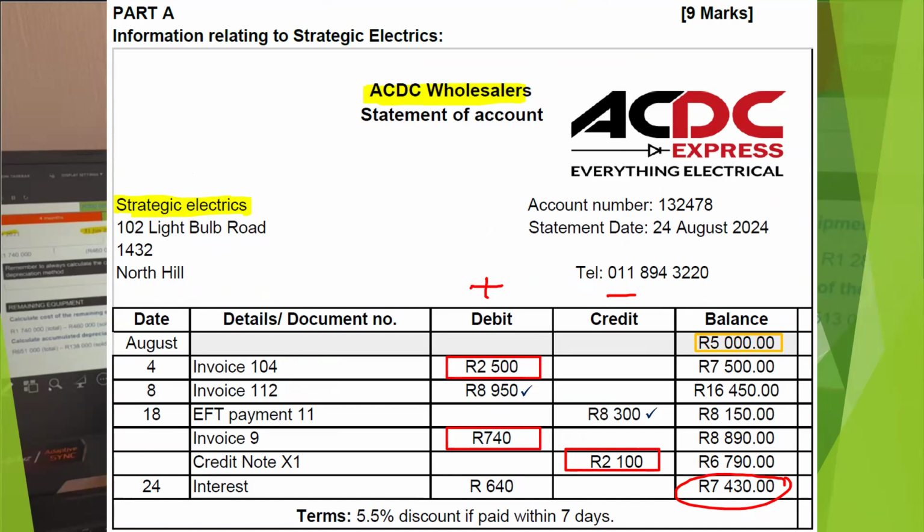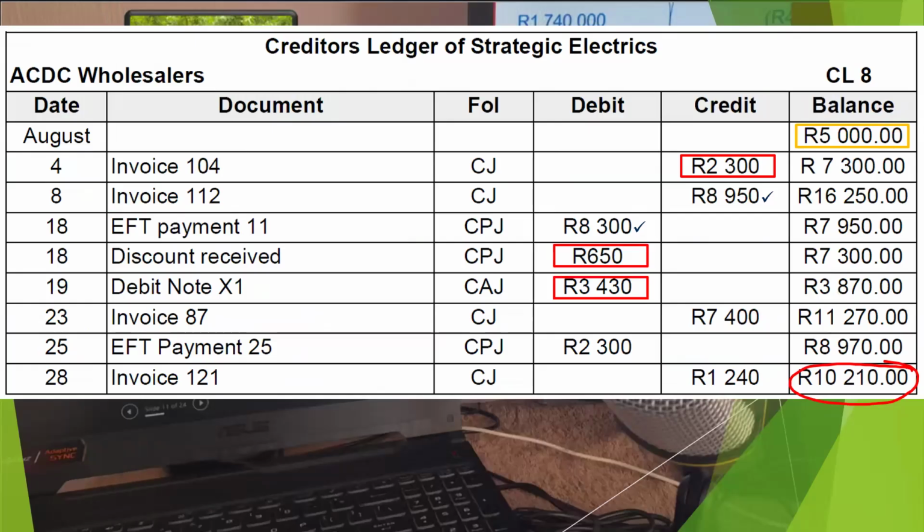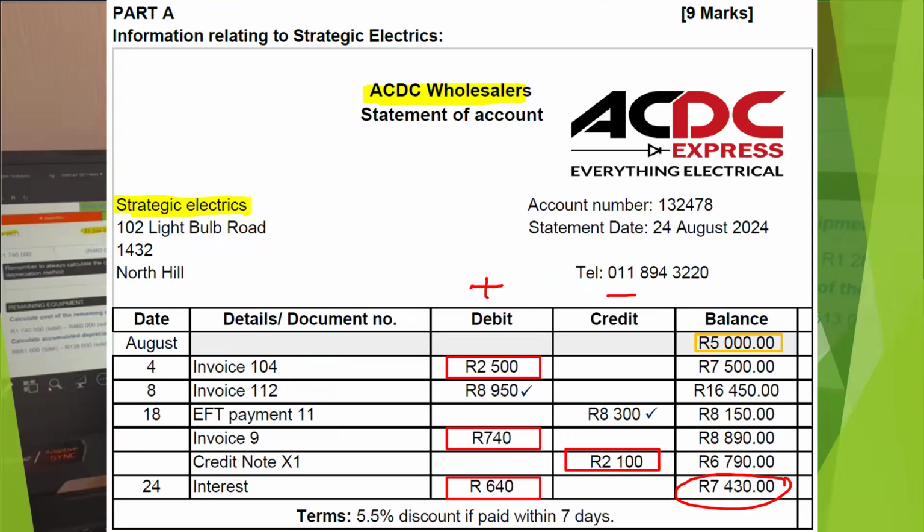We also have interest, which is 640. Please note that interest will be circled automatically because strategic electrics would not have known about that interest until they receive that statement of account. And we've got invoice 87. I did not see it that side. We've got a payment of 2,300 as well as an invoice of 1,240.